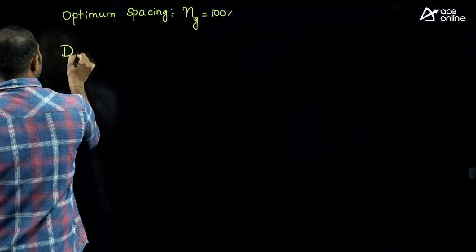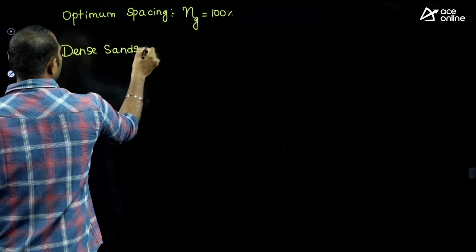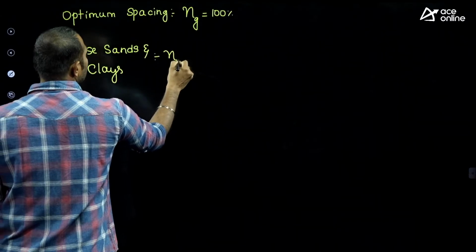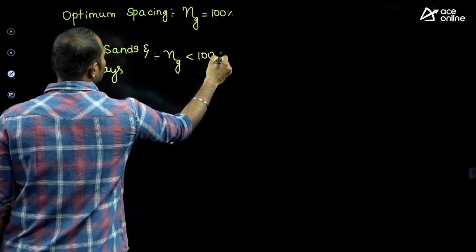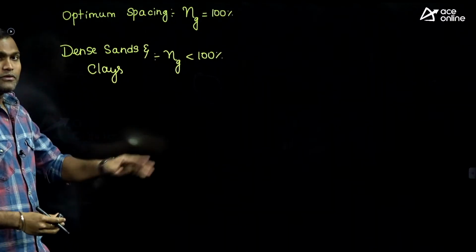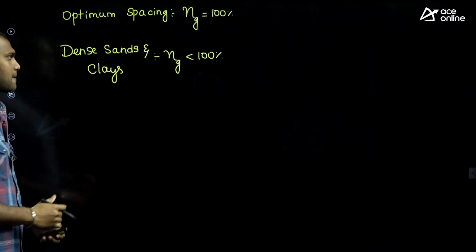And in the case of dense sands and clays, the group efficiency is less than 100%, because in dense sands the interlocking between the particles breaks, and clay undergoes remolding.